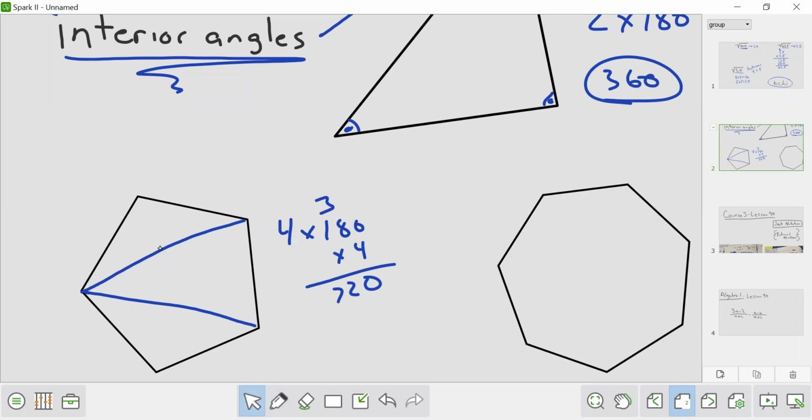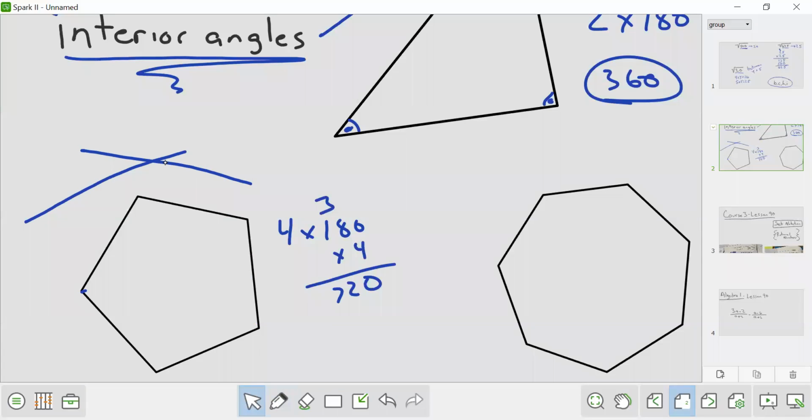But if they ask you, if this is a regular pentagon, where all the angles are the same, what's the measure of each one of these angles? Well, I would have to take that 720 and divide it by 5.